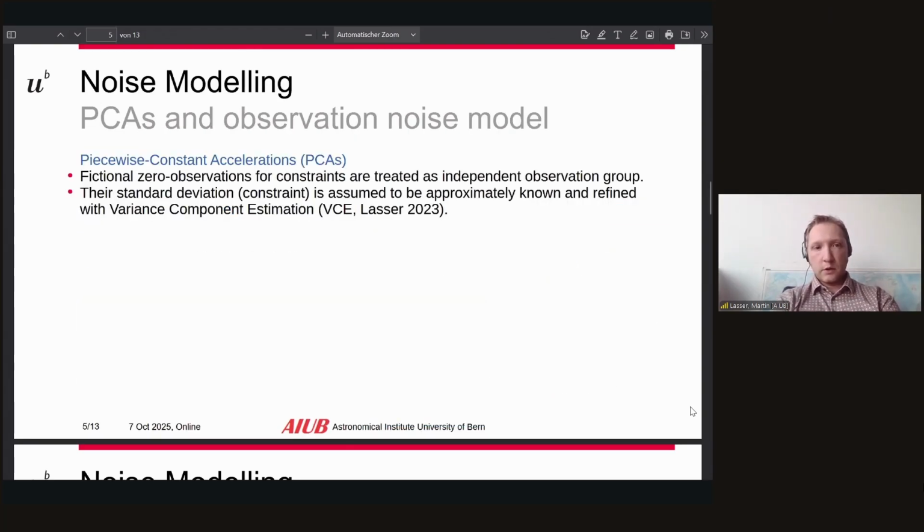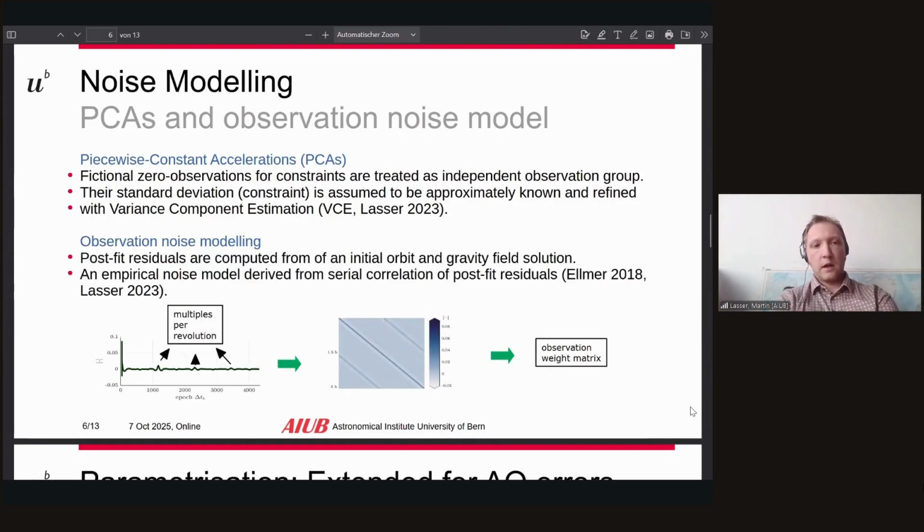For our noise modeling, we have these piecewise constant accelerations, which are constrained, and we use variance component estimation to estimate the magnitude of those constraints. In addition, we apply a noise model from post-fit residuals, where we have an initial solution and then compute post-fit residuals and a noise model based on the serial correlation of the post-fit residuals.